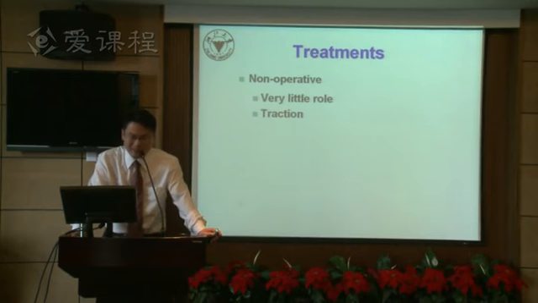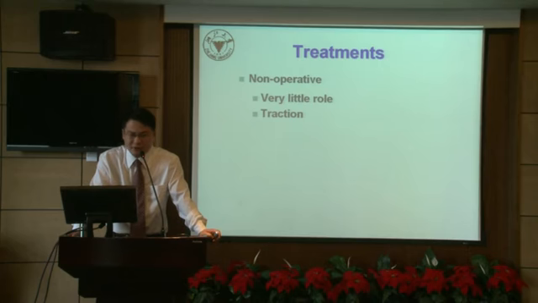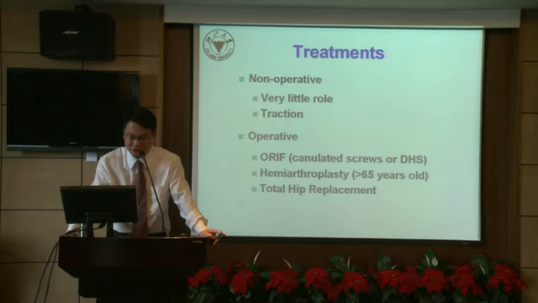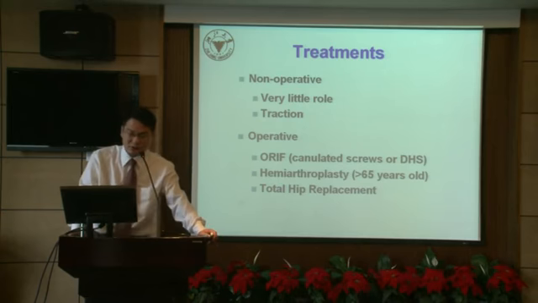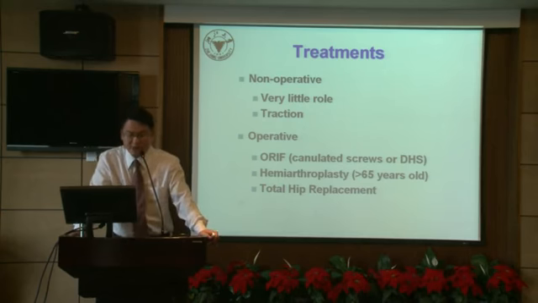Non-operative approaches are barely used to treat femoral neck fractures, and the options are pretty limited. We can only use some kind of skin traction, which is not very functional, and surgery or operative intervention is the most common intervention we use.